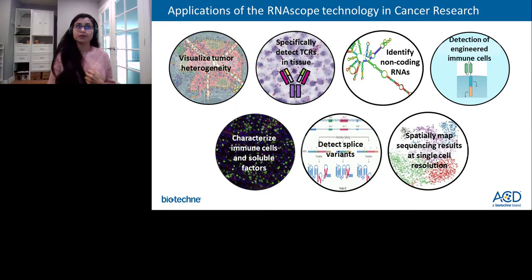RNAscope can be used to visualize tumor heterogeneity, to characterize immune cells and soluble factors, to visualize specific CDR3 regions on TCRs, then to detect splice variants of certain targets implicated in cancer, identify non-coding RNAs important in cancer progression, spatially map and validate single-cell RNA sequencing data as it relates to cancer, and detect engineered immune cells within animal models.